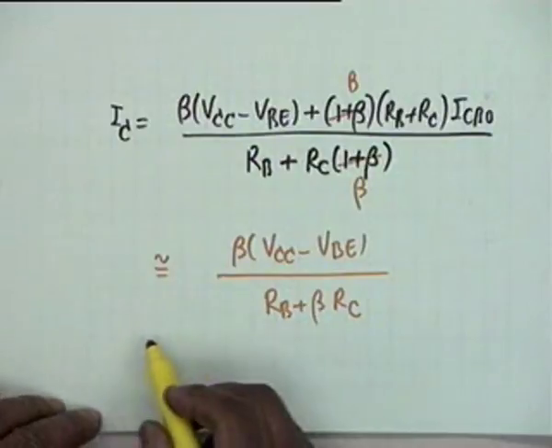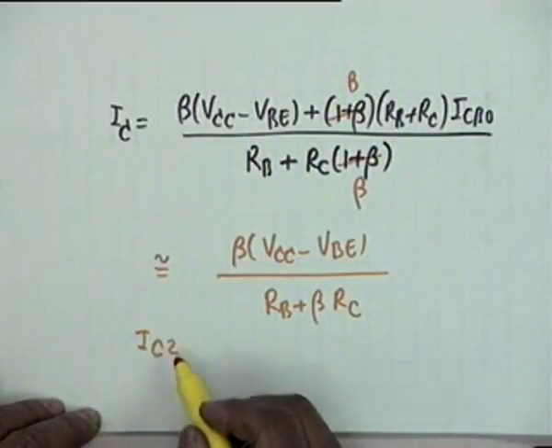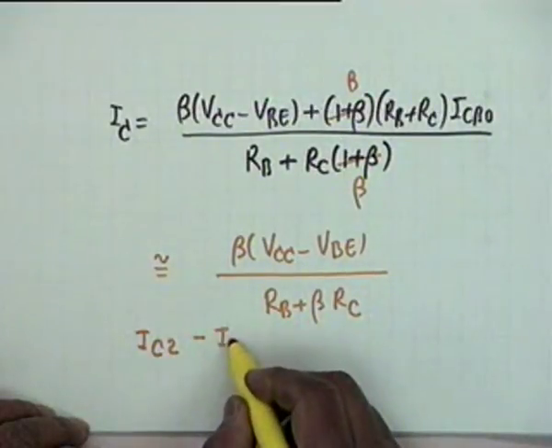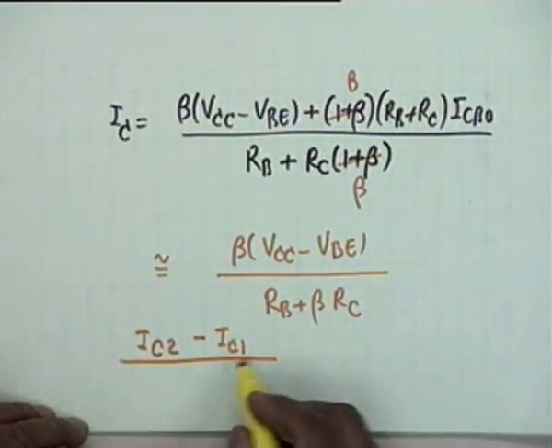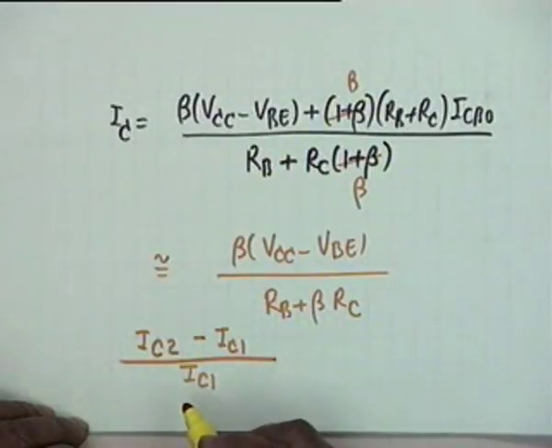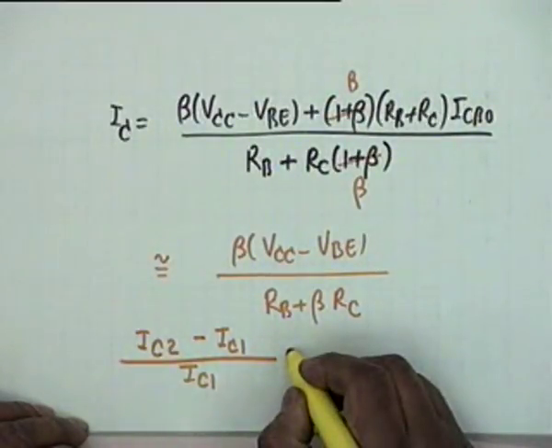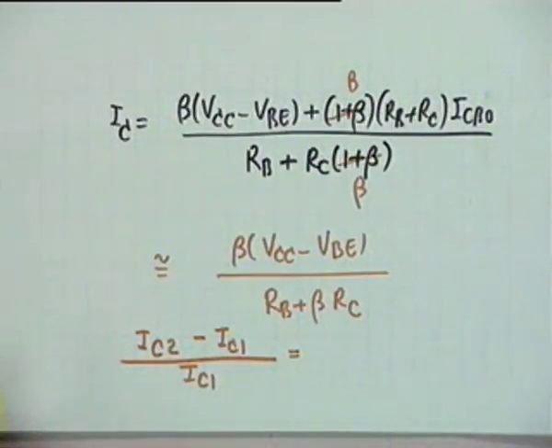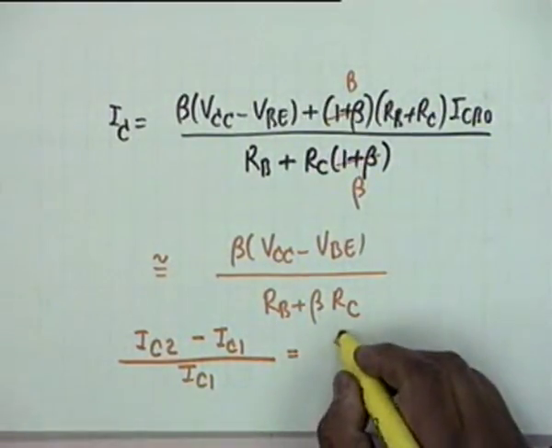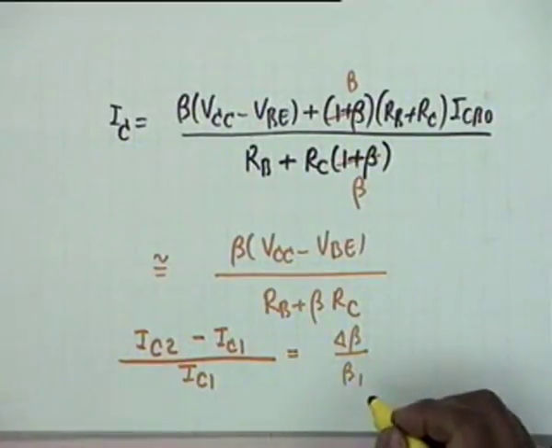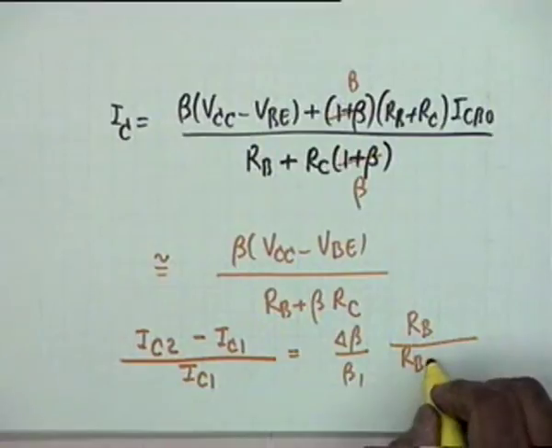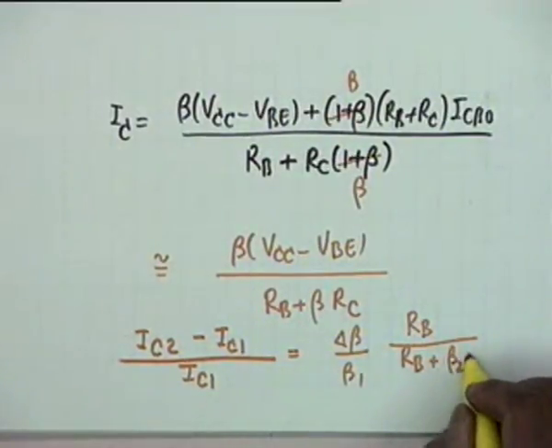Then what I will do is I will take IC2 for beta 2, then I will take IC1 for beta 1, divide by IC1, and IC2 minus IC1, and that expression in my calculation comes as delta beta by beta 1 times RB divided by RB plus beta 2 RC.